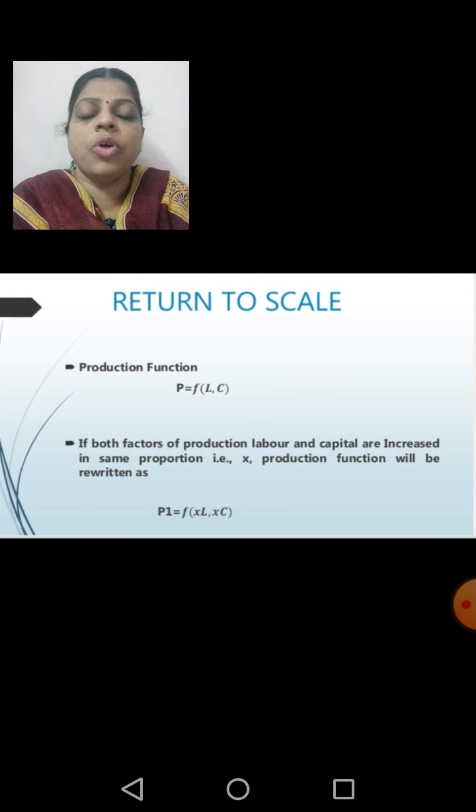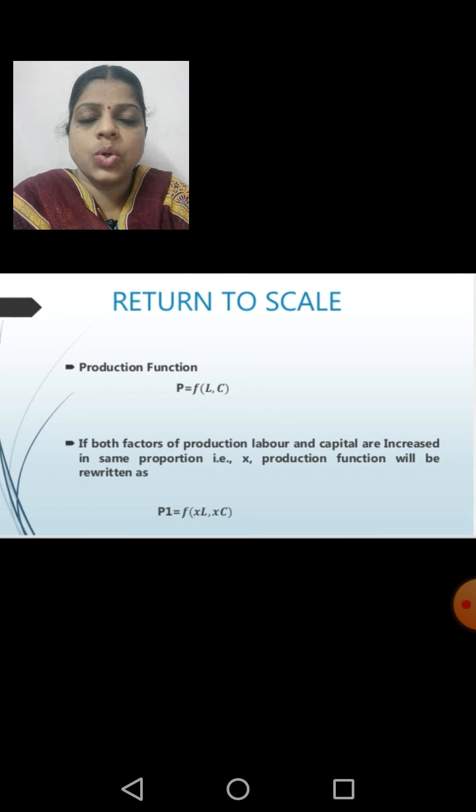If both factors of production, labor and capital, are increased in the same proportion, the production function will be rewritten as P1 equals f of XL, XC. So what does it mean, children?